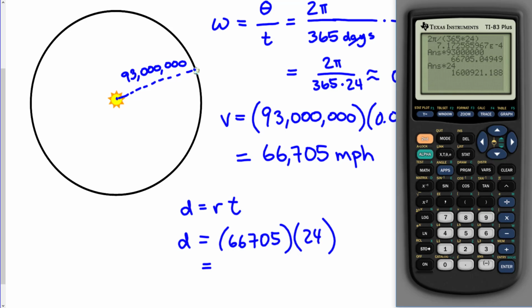So 1,600,921 miles. So just by standing still and doing nothing, in 1 day you're going to travel about 1.5 million miles because you're rotating around the sun in that way. That to me is quite fascinating.